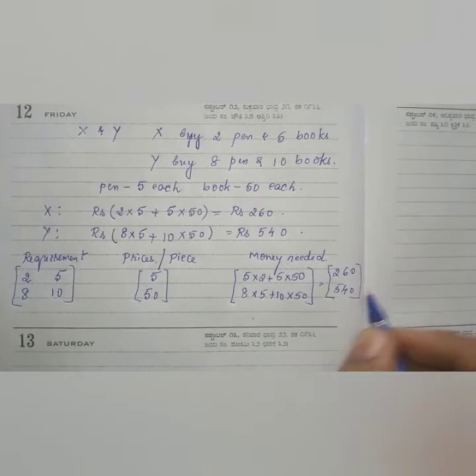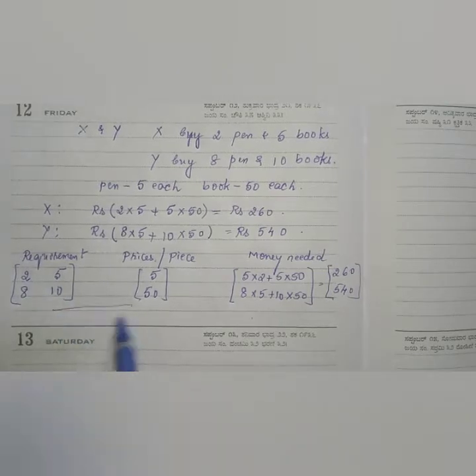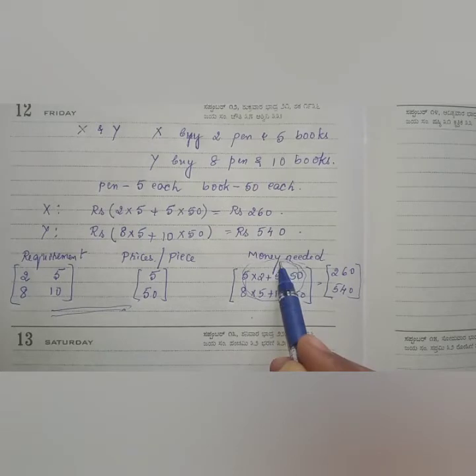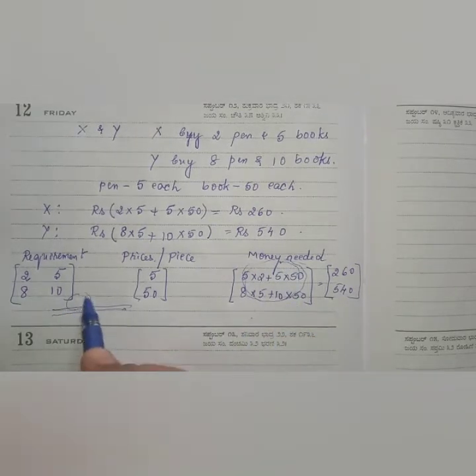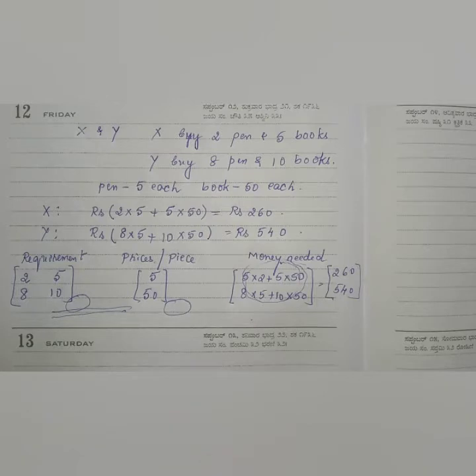So we can represent it by the matrix. This multiplication, this calculation, is possible only when it depends on these orders. There are some conditions here.